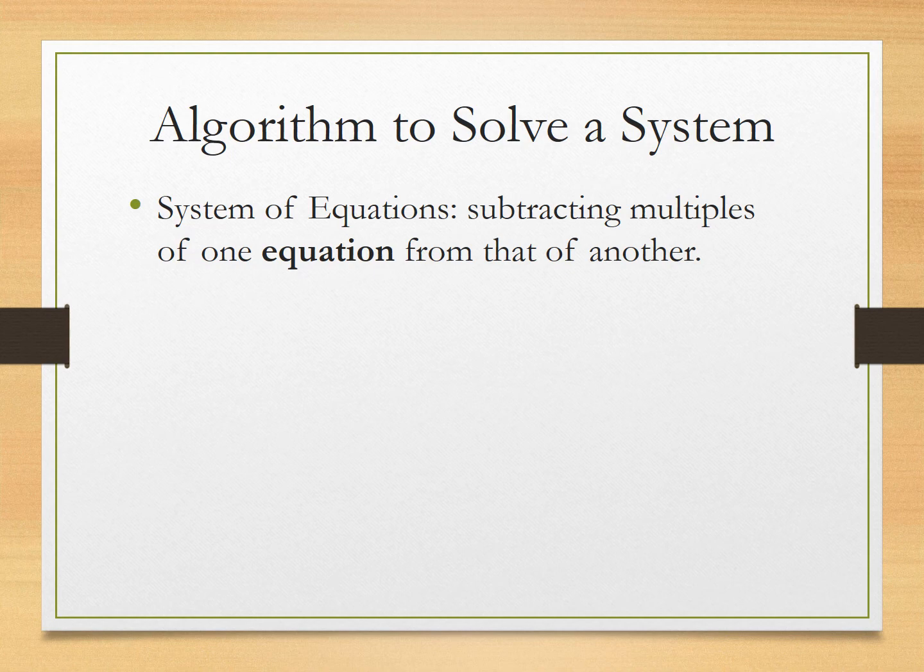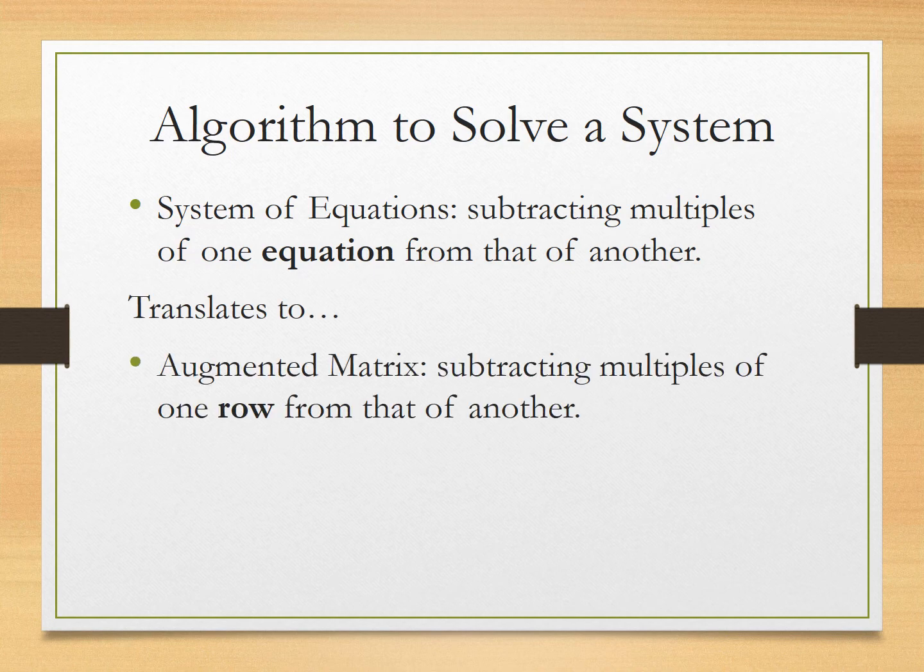The algorithm we talked about in the previous slides, where we subtract or add multiples of one equation from that of another, now translates to adding or subtracting multiples of one row from that of another in the augmented matrix. So by swapping rows, adding rows, and multiplying rows by a certain number, we can solve a system of equations.